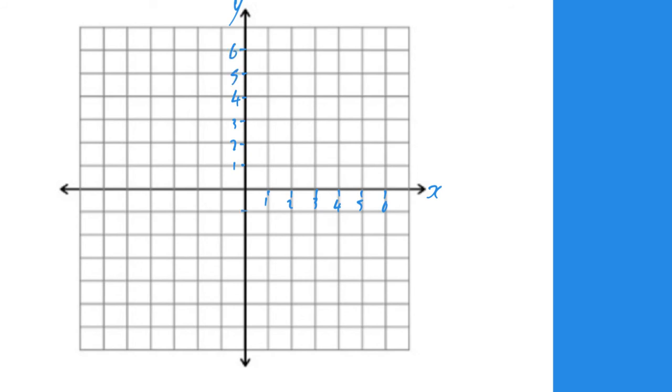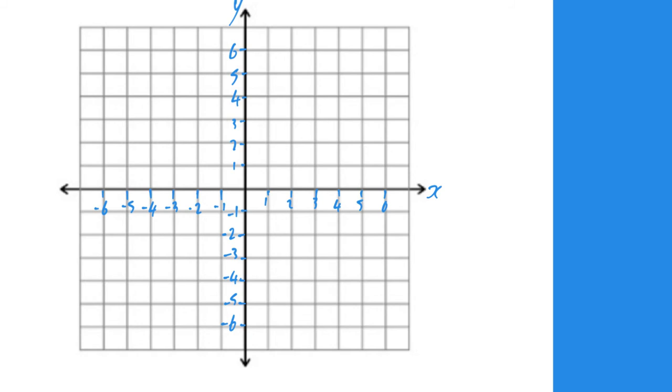And then the minus ones. So you can see I put the markings on first, and then I do my numbers. Minus 1, minus 2, minus 3, minus 4, minus 5, and minus 6. And then on the vertical axis again, minus 1, minus 2, minus 3, minus 4, minus 5, and minus 6.